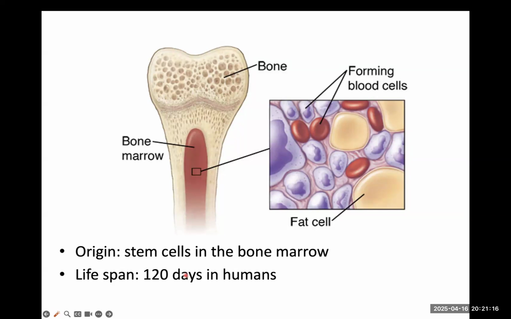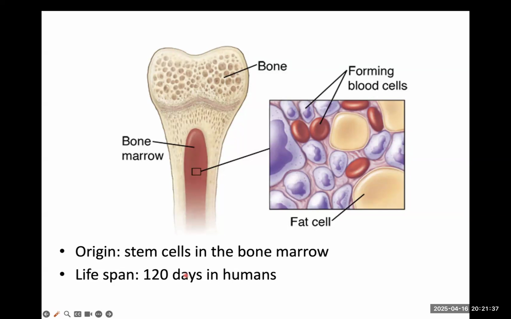These erythrocytes don't live forever. They do have their lifespan, which is 120 days. And at the end of their lifespan, they break down. Once they break down, erythropoietin will activate and tell your bone marrow to make more red cells. We'll talk about that in a bit. And that's generally how it works.